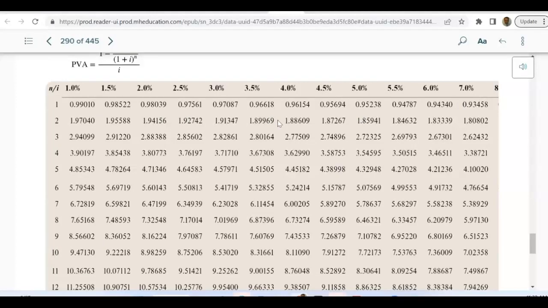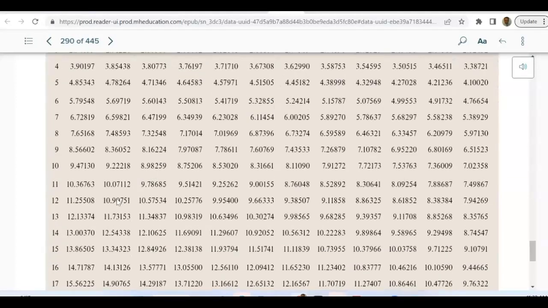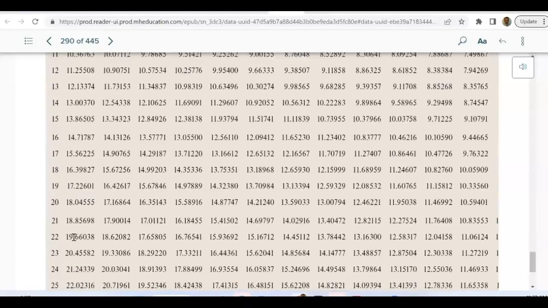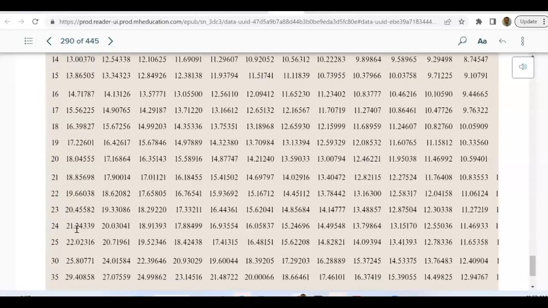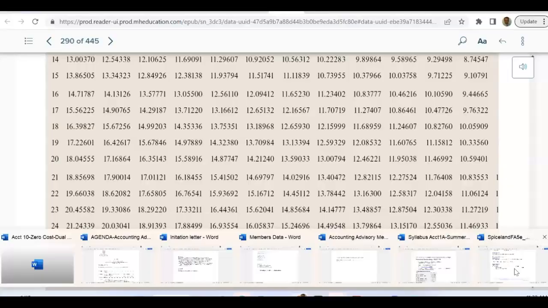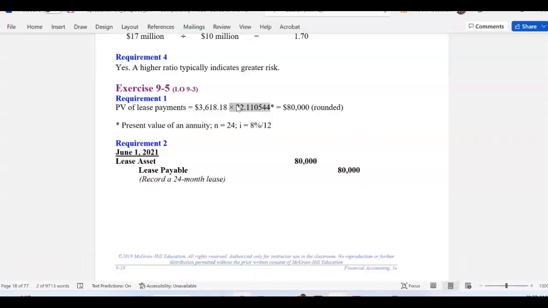That's why in this case, I cannot use the factor. But at least you can see where the factor is coming from, this type of table.